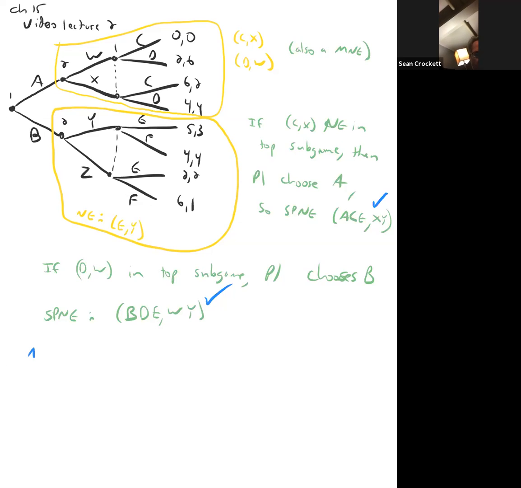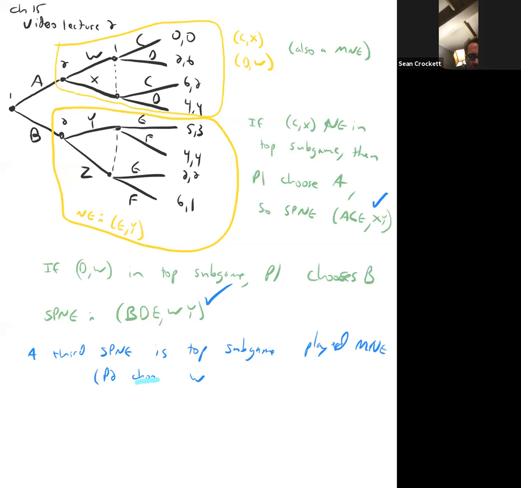So a third SPNE is the top subgame played in the mixed strategy equilibrium, and that mixed strategy equilibrium has player 2 choosing W half the time.